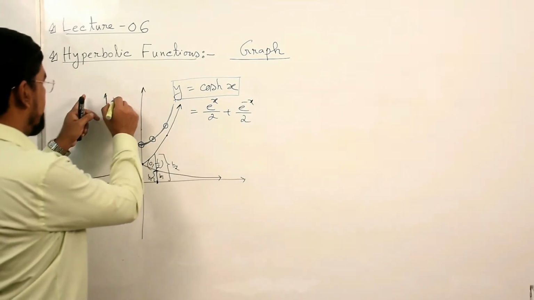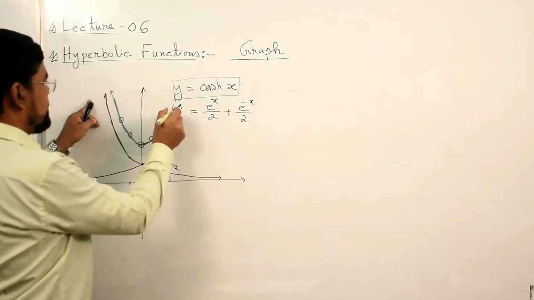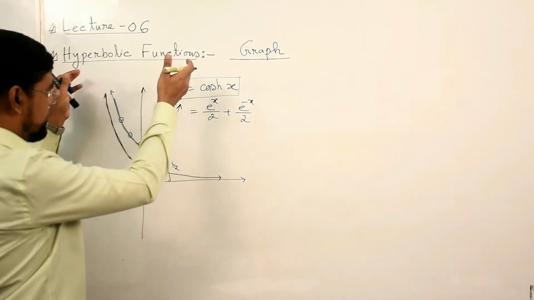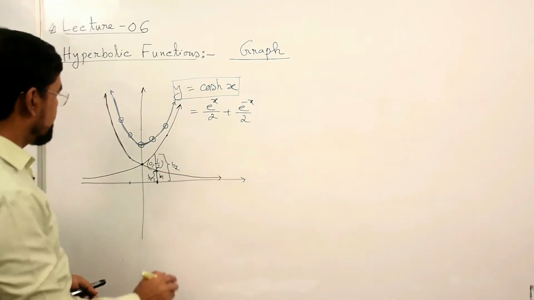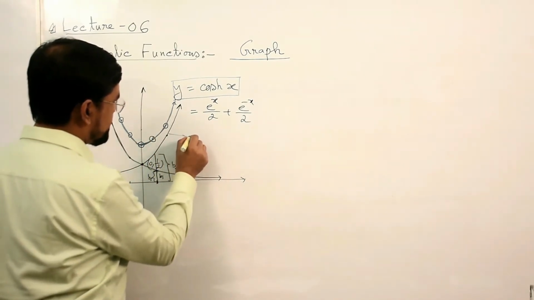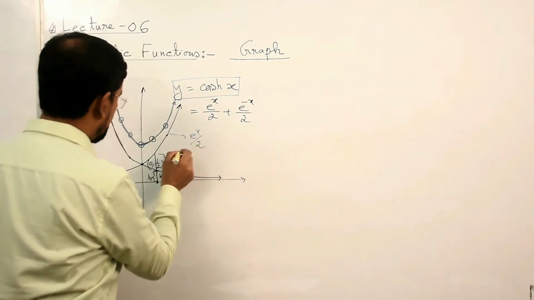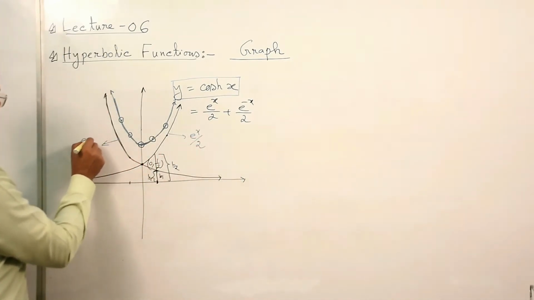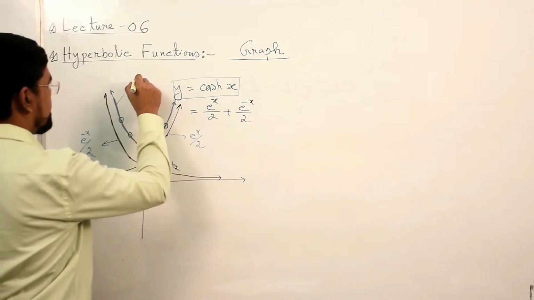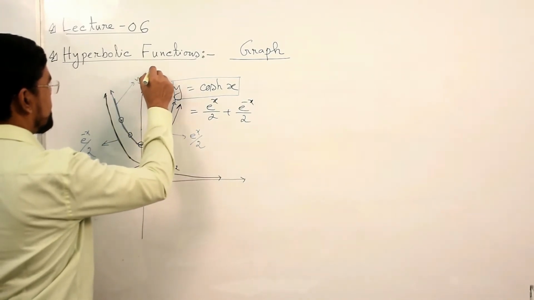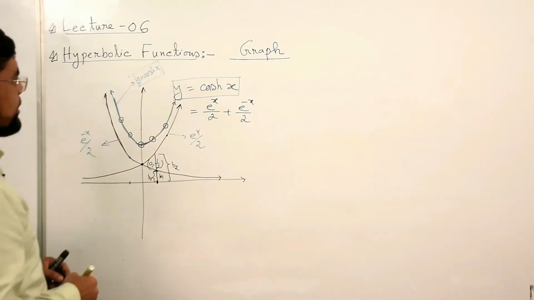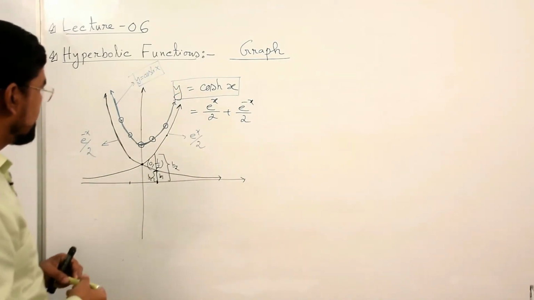And these two curves form a curvilinear asymptote. You see, this graph is e to the power x over 2, this one is e to the power minus x over 2, and this one is y equals cosh x.